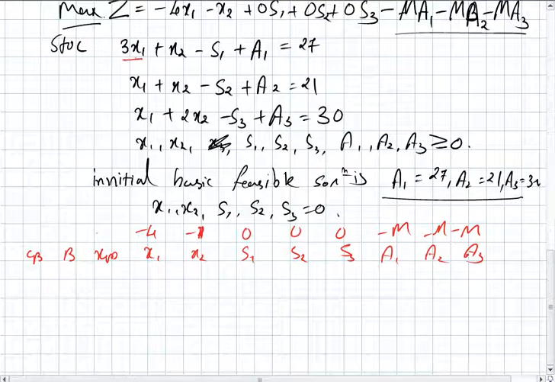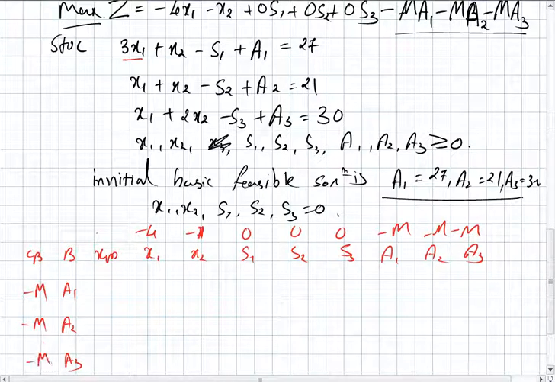In the basis we have a1, a2 and a3 with coefficients -M, -M and -M, and their values are 27, 21 and 30.